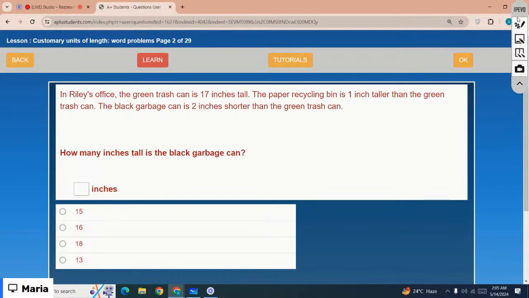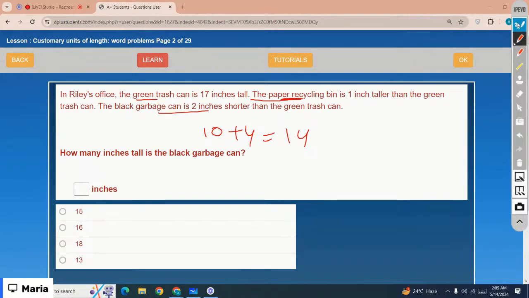So okay, here the black garbage can is 2 inches shorter than the green trash can. The green trash can is 17 inches tall. So for the shorter, you have to subtract, that would be 17 take away 2. The correct option is 15.